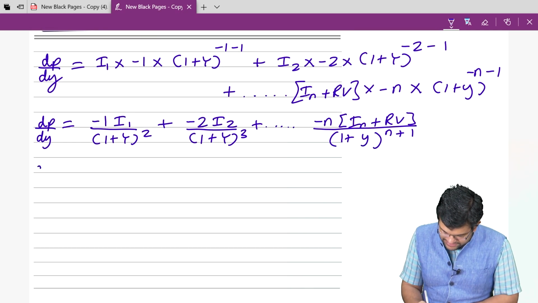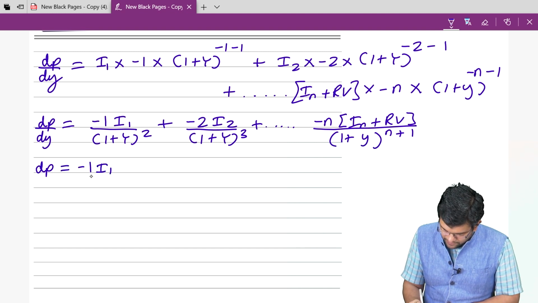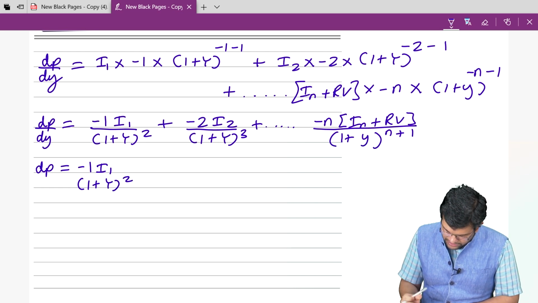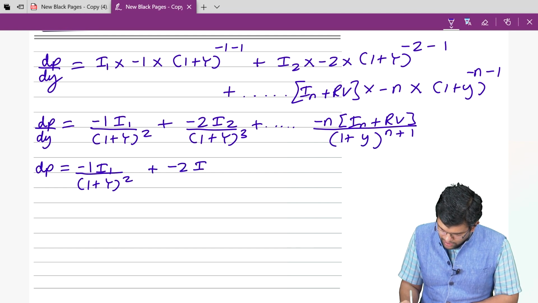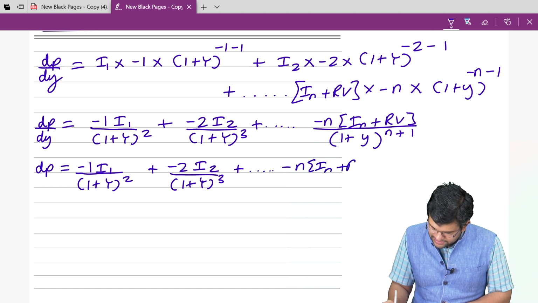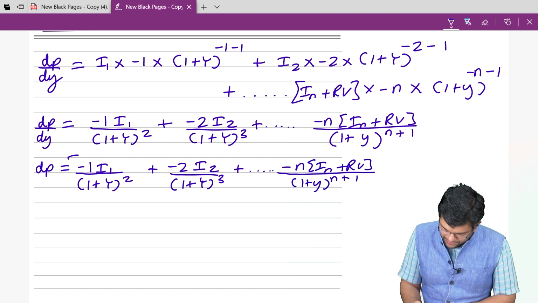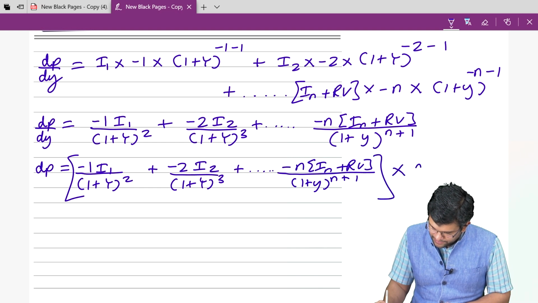So children, can I say dp will be equal to minus 1 I1 upon 1 plus y raised to 2, plus minus 2 I2 upon 1 plus y raised to 3 plus dot dot dot minus n I n plus rv, the whole upon 1 plus y raised to n plus 1, and this whole thing, children, multiplied by dy.